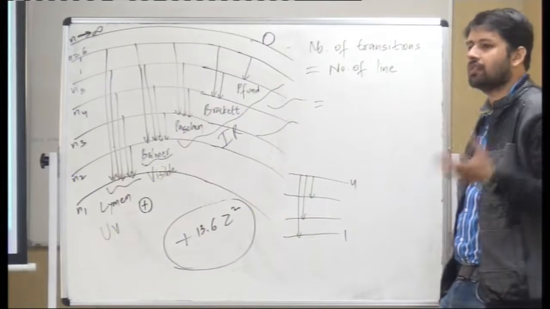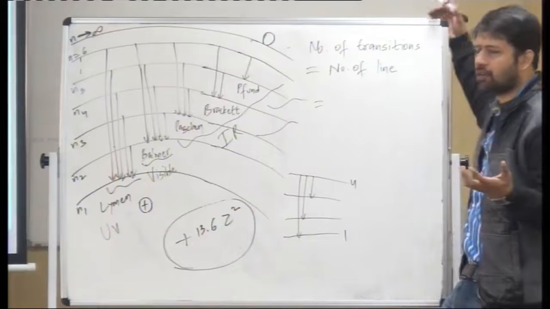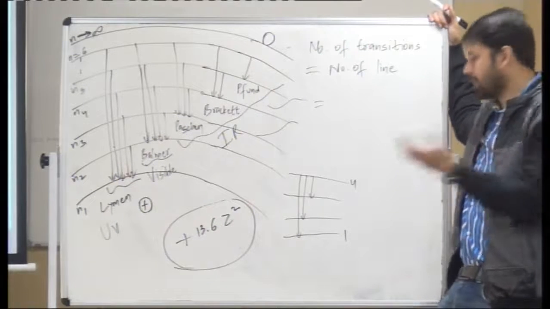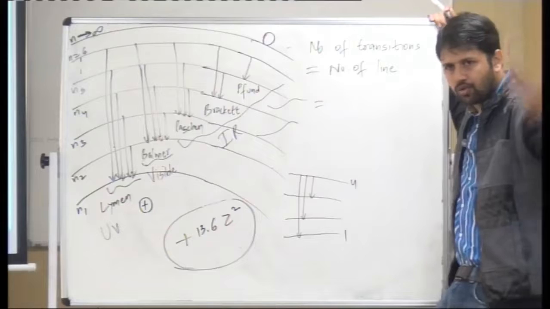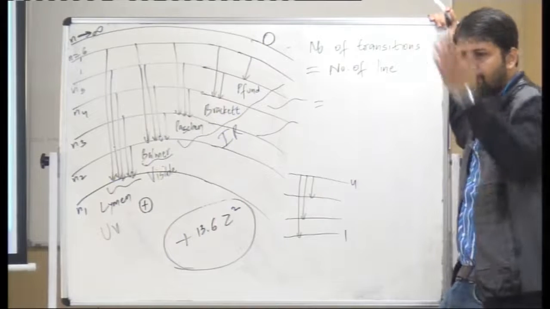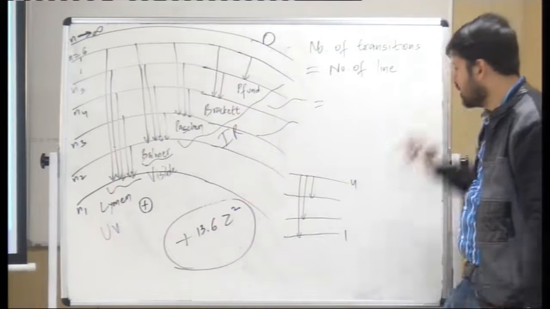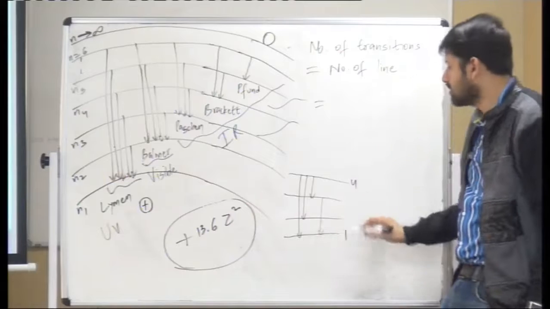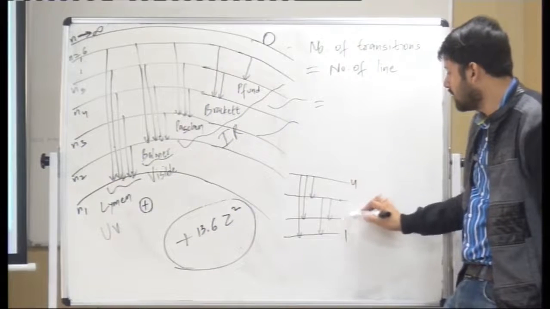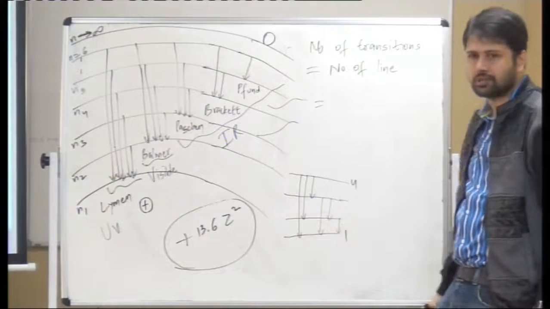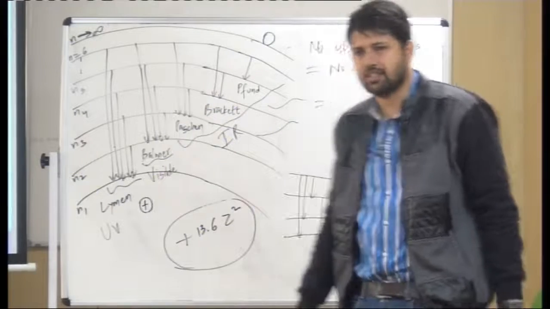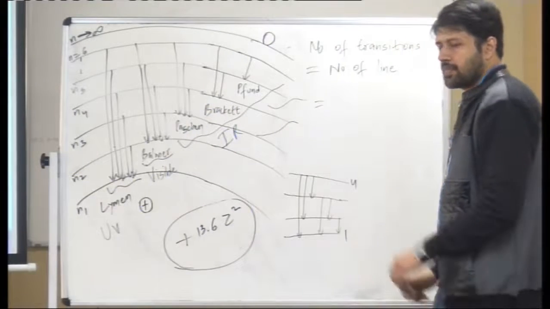For some atoms or maybe some ions, the electron would directly jump from 4 to 1. For some it would jump from 4 to 2, then 4 to 3, then from 3 to 1, and 3 to 2 may be possible. Then from 2 to 1 it is possible. This is 6. The number of transitions is 6, right?